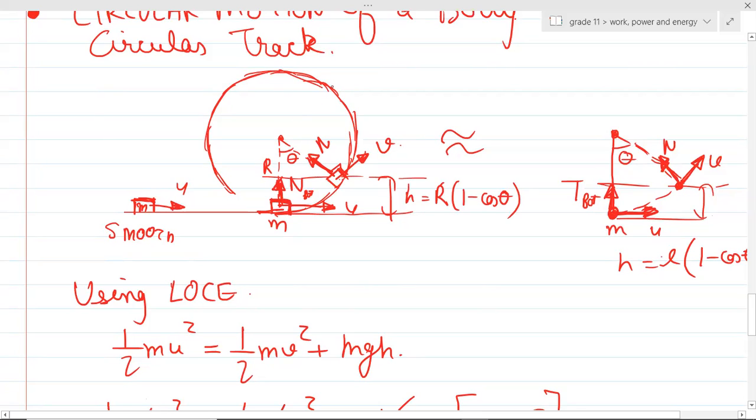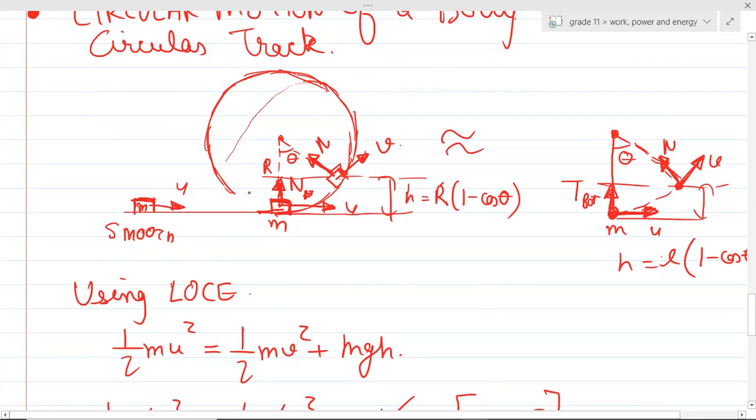So at 131 degree, the contact force between block and the track will become zero, and that implies the block will lose contact with the track, and hence it will fall in a projectile motion, just like what it did in the case of string, right? What is the third case? The third case is when it is under root of 5gl, then it will complete the whole vertical.